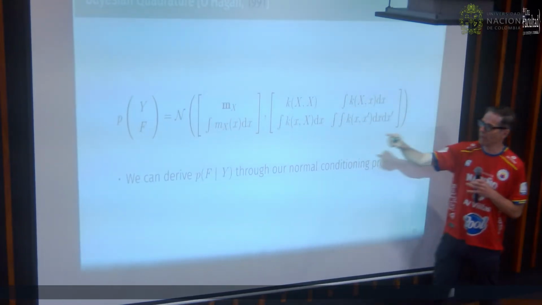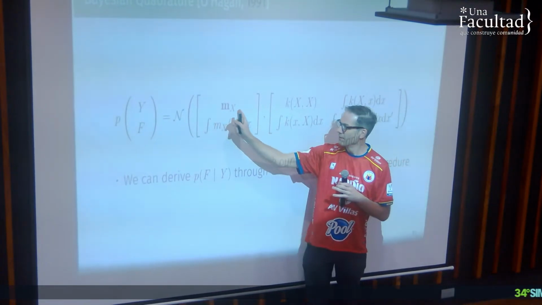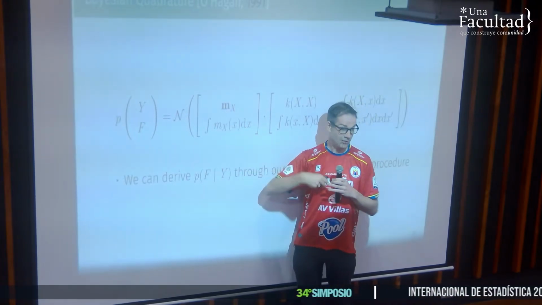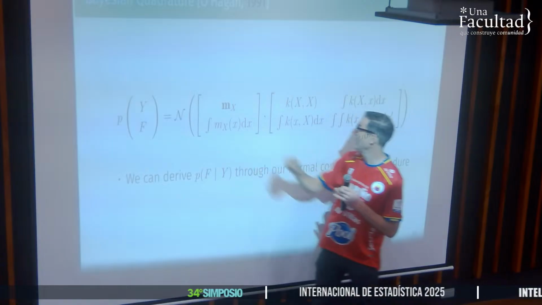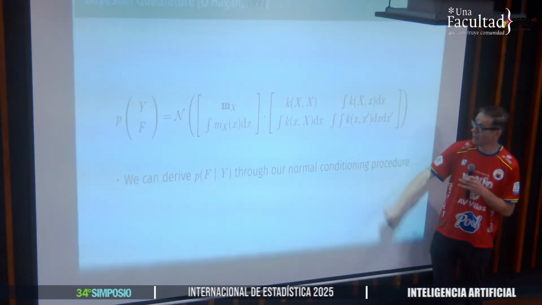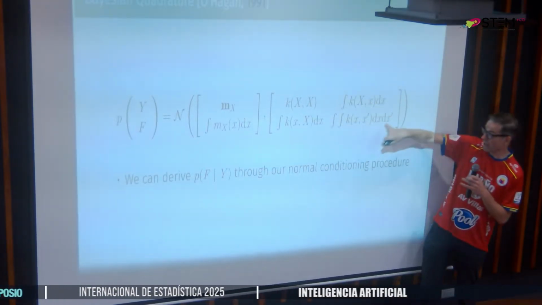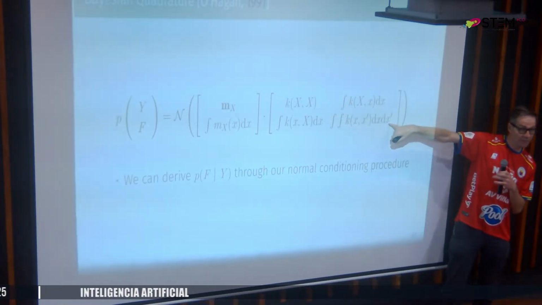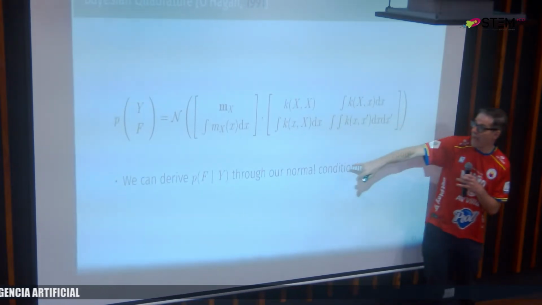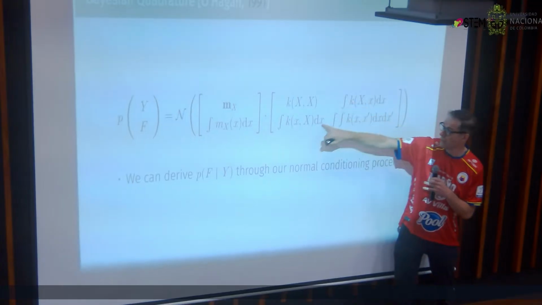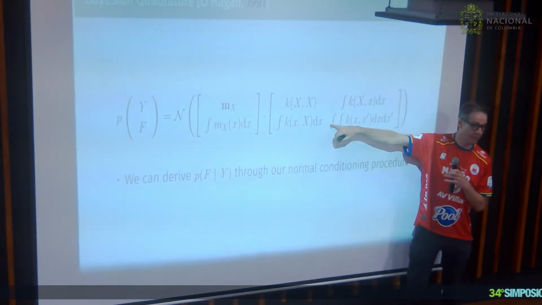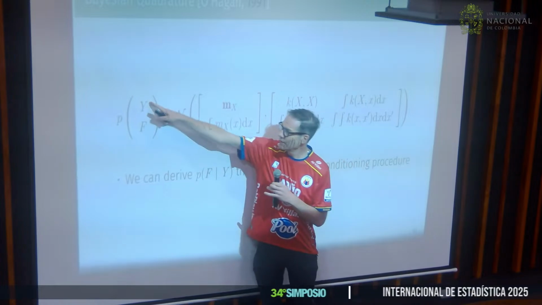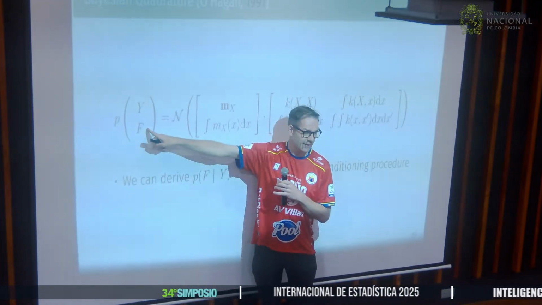It has the normal mean, or in terms of the posterior, if I've seen some data, it has a covariance function. The covariance of the integral is just the double integral of the covariance function, and the cross terms are the single integral of it.